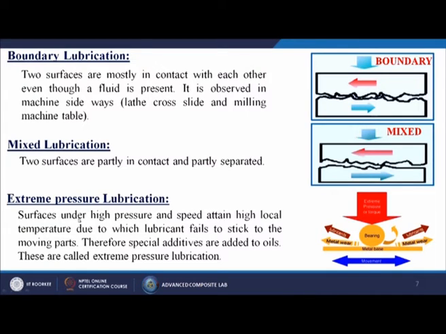Next is called extreme pressure lubrication. Surfaces under high pressure and speed, at high local temperature, cause the lubricant to fail to stick to the moving parts. Therefore, special additives are added to oils. These are called extreme pressure lubricants. From that figure you can understand that a bearing is acting onto the metal base.